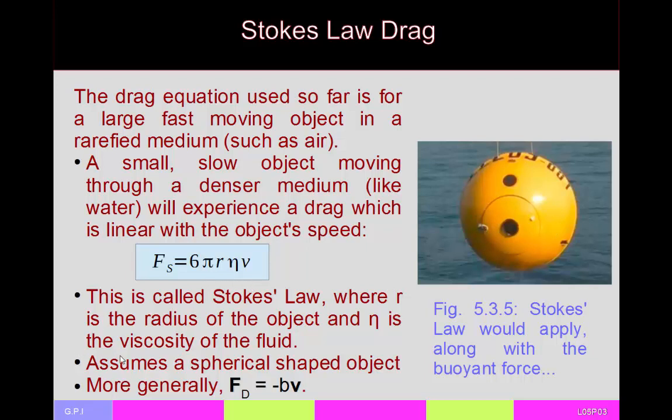Stokes' law is going to assume a spherically shaped object, and we might generalize Stokes' law a little bit by saying that the drag force is equal to some constant b times the velocity, and it's negative because it's going to be in the opposite direction as the velocity. So in specifically Stokes' law case, b would have a value of 6 times pi times the radius of the object times the viscosity of the fluid.